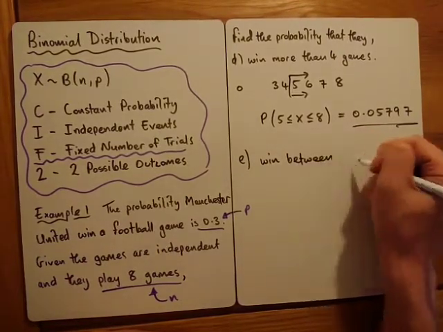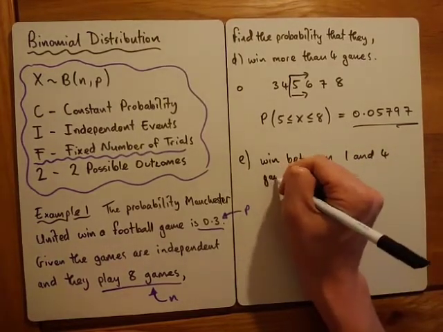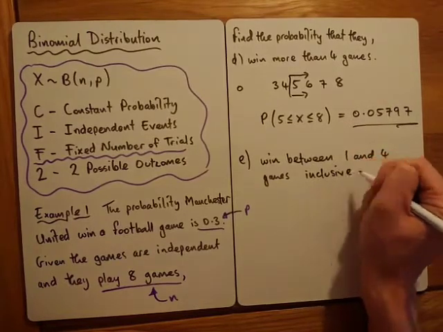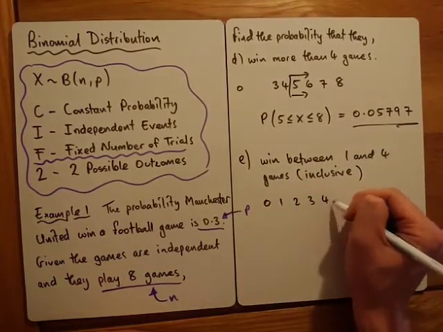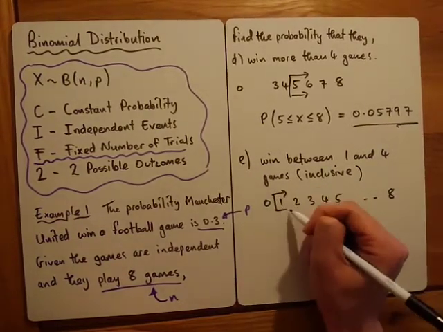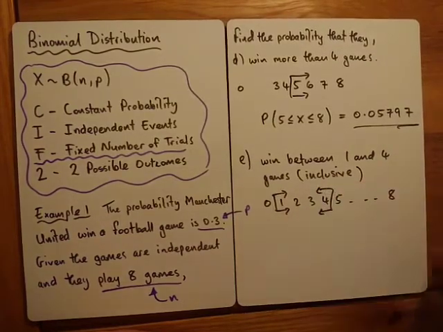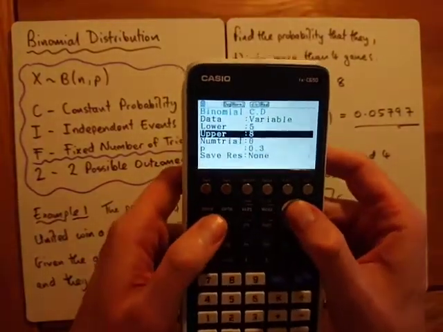Between 1 and 4 games, inclusive. So they could win 1 all the way up to winning 4. And I'm just going to edit that booklet. You won't even see that mistake anyway.